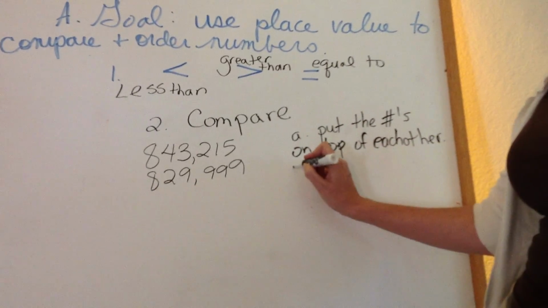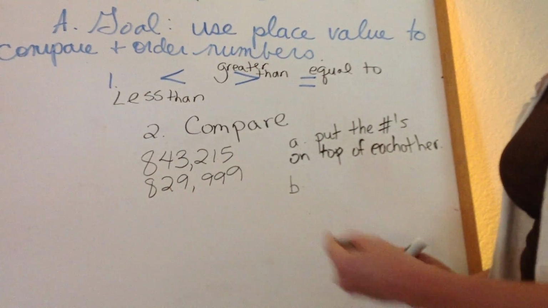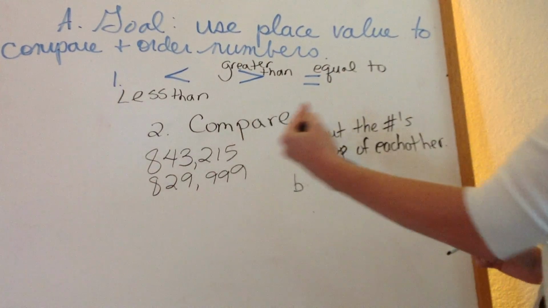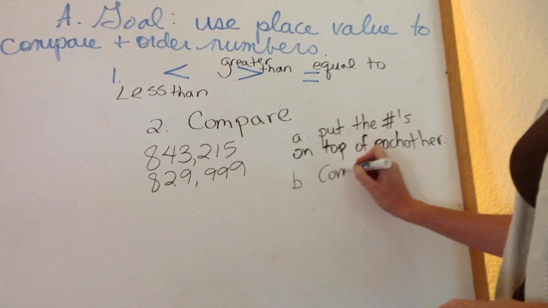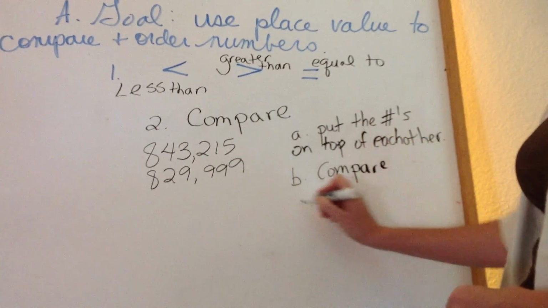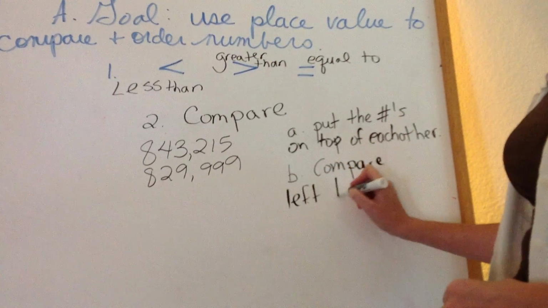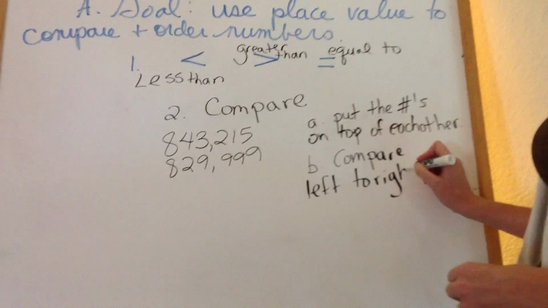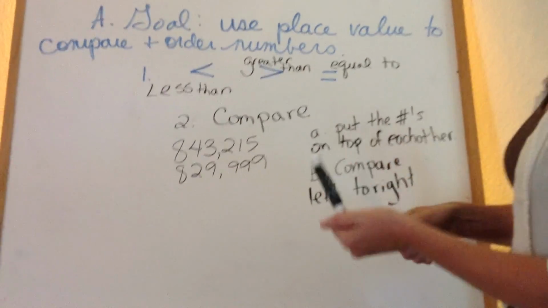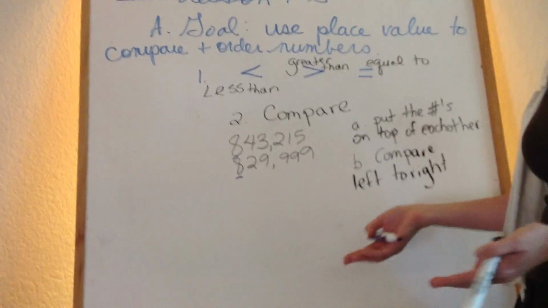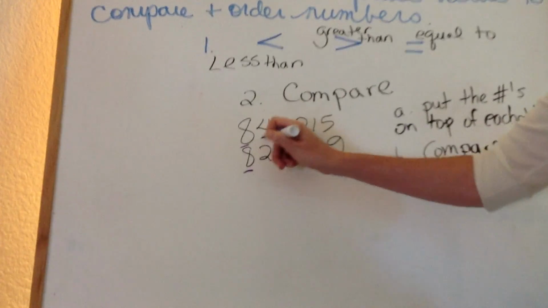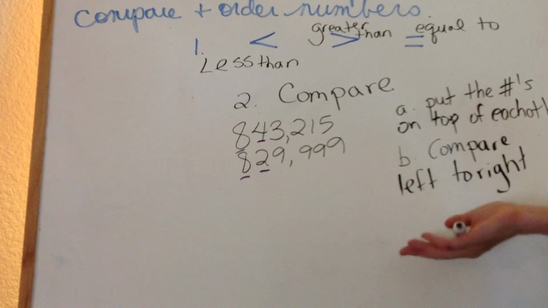Once you've done that, step B is you're going to look from the left towards the right. You're going to compare, going from the left to the right. So we start here, we have an 8 and an 8, so that's the same. We look at our next number, we have a 4 and a 2. What number is bigger?